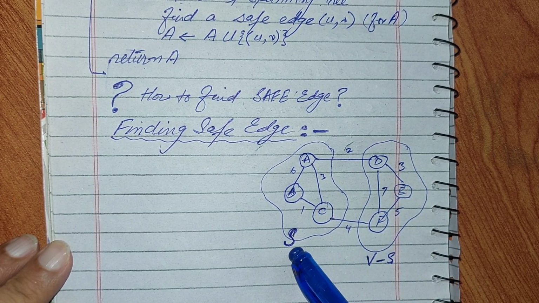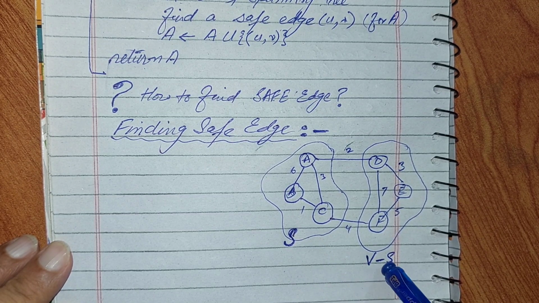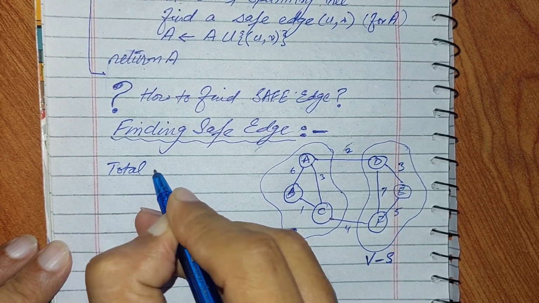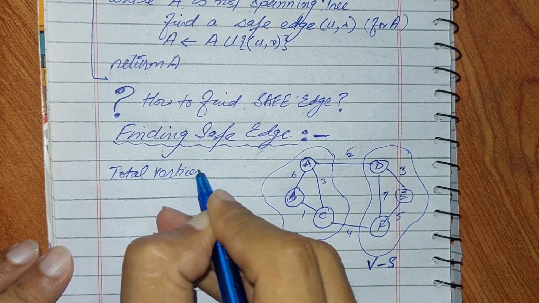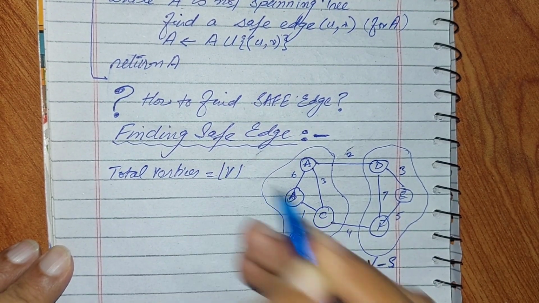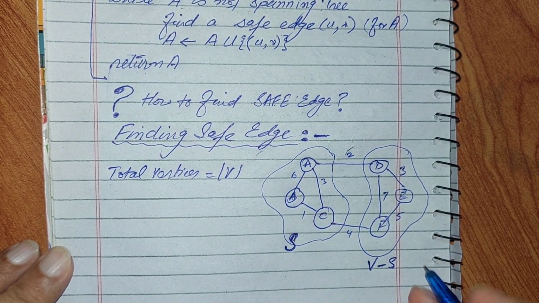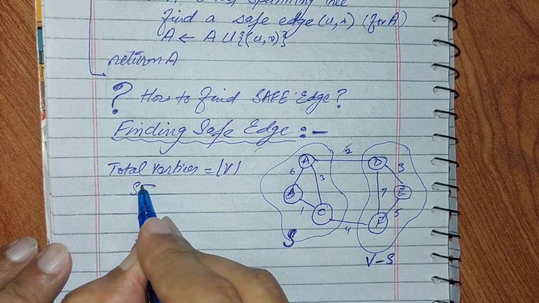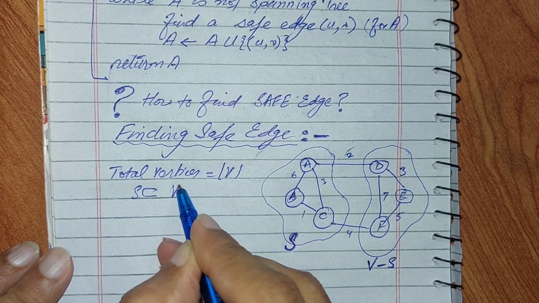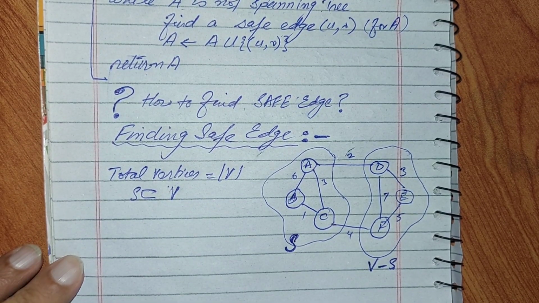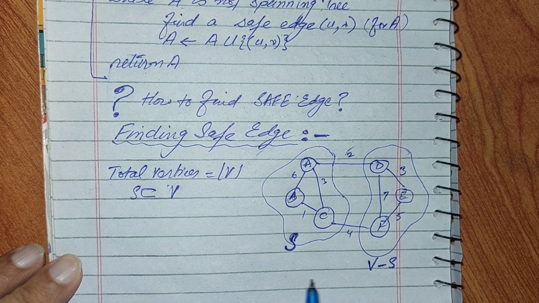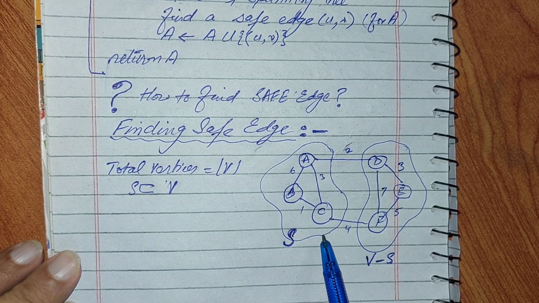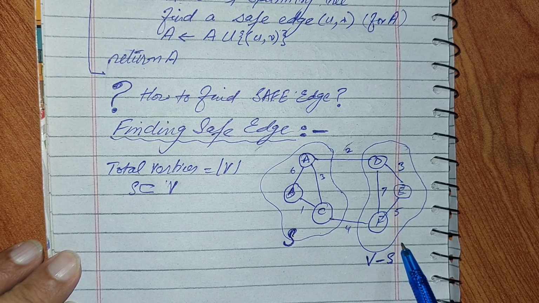Let's say we have 2 sets, S and V minus S. The total vertices are V, S is one set, and the remaining is V minus S, and we know that S is a subset of V.